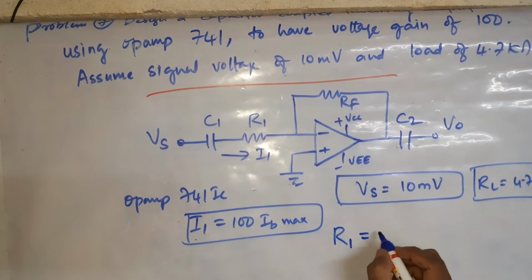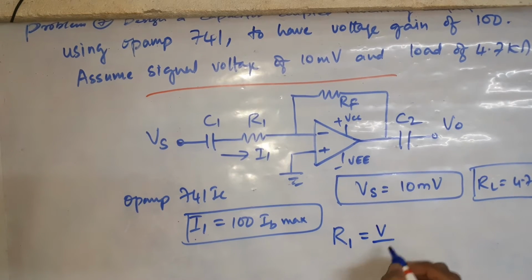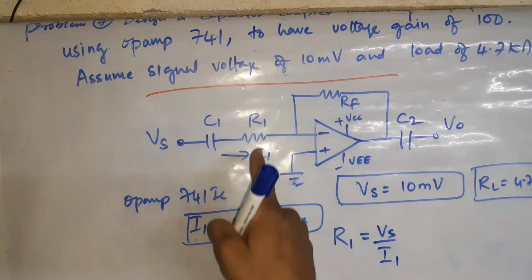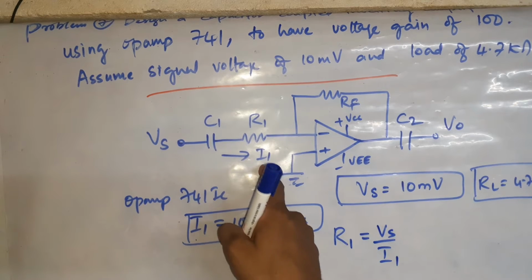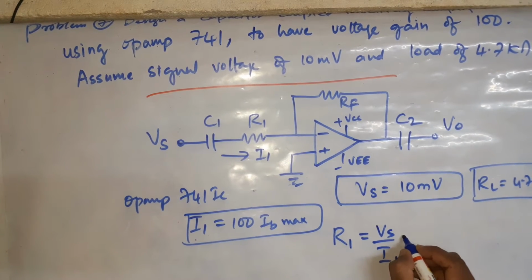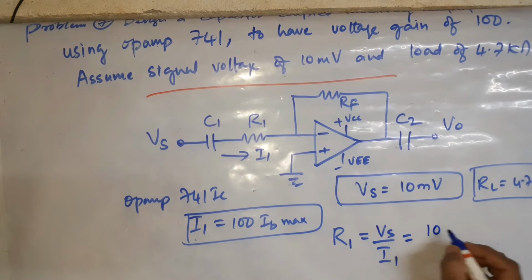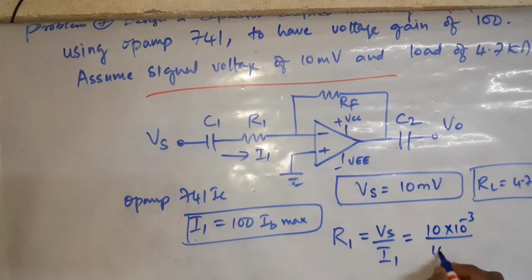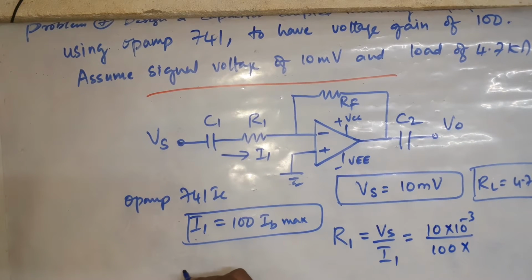We have from Ohm's law R equal to V by I. So Vs by I1 to get R1, because the current flowing through R1 is I1 and it is from the source Vs. So I will get Vs is 10 milli, 10 raised to minus 3. I1 is 100 times of IB max. What is IB max? Yes, another important thing.